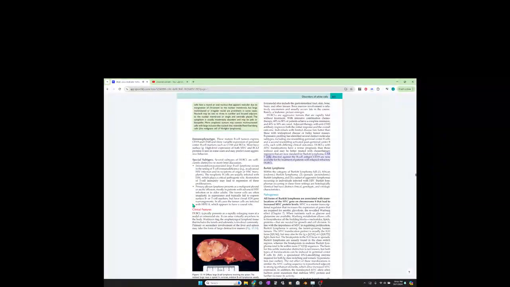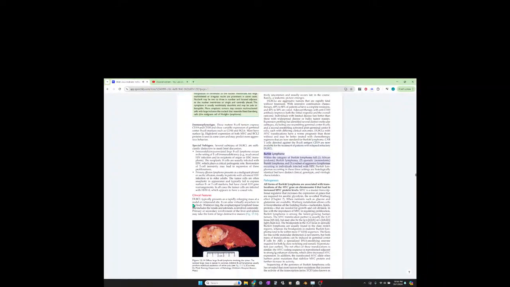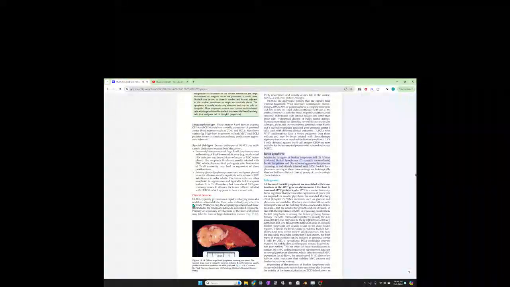CAR T cells directed against the B-cell antigen CD19 are now available for the treatment of patients with relapsed refractory DLBCL.